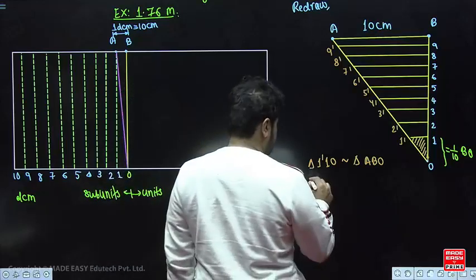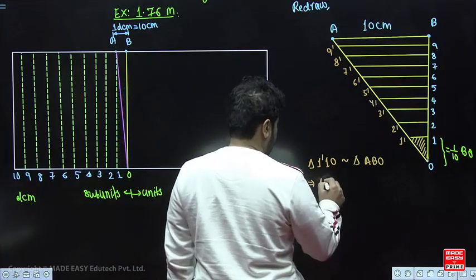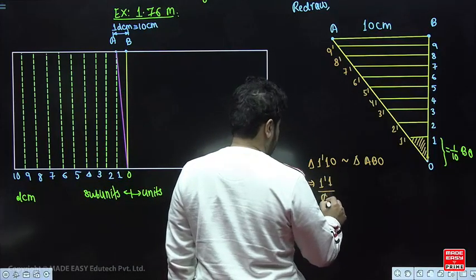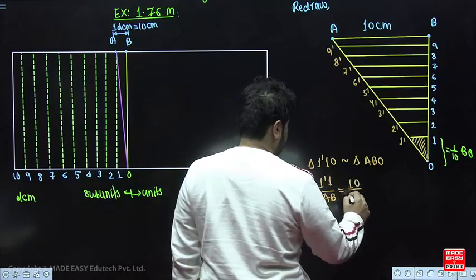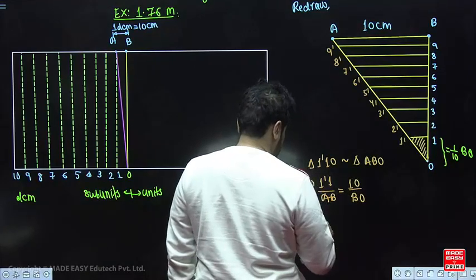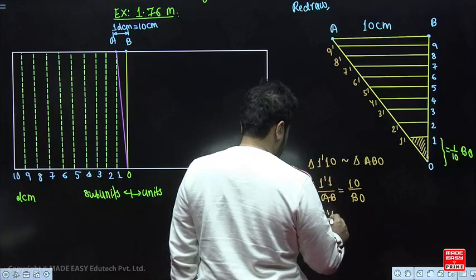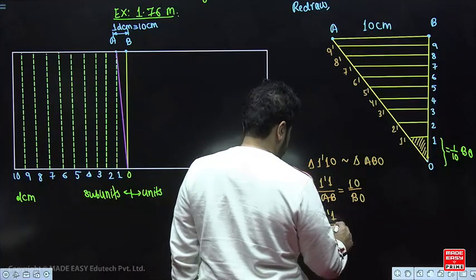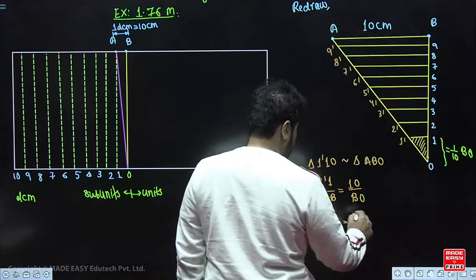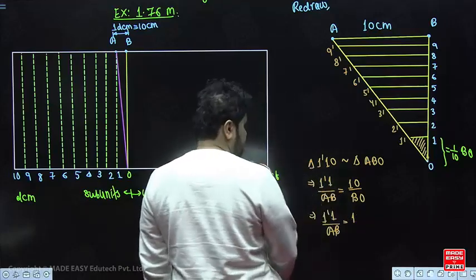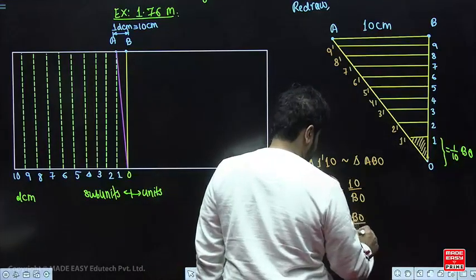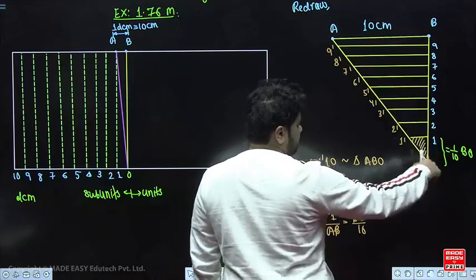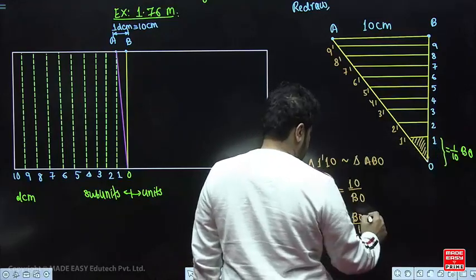So if it is so, therefore I can say that 1 dash 1 upon AB is equal to 1 0 upon B0. Okay, what is the value of 1 0? So 1 0 is nothing but your BO by 10, isn't it? It is 1/10 of BO, right?